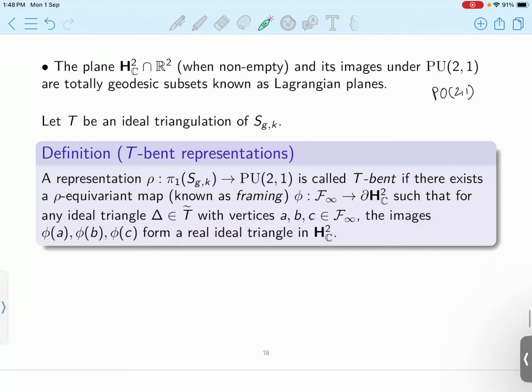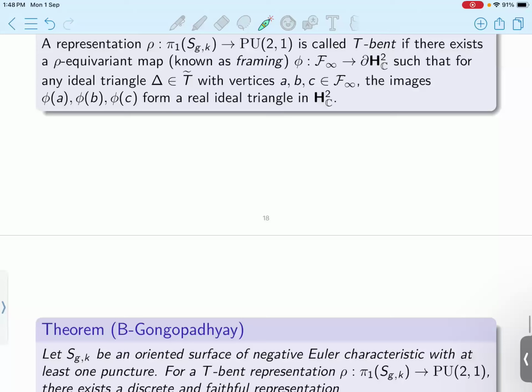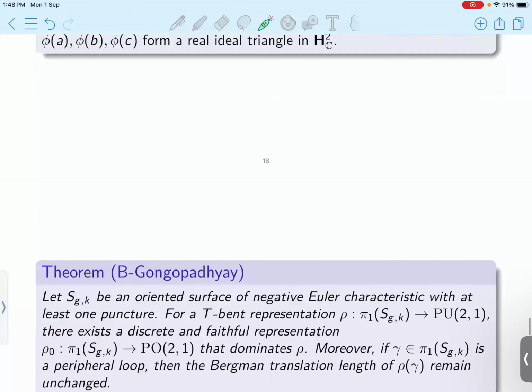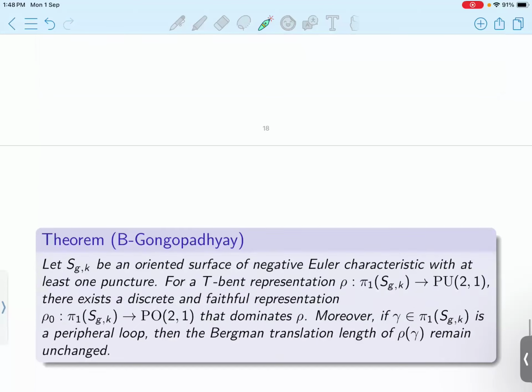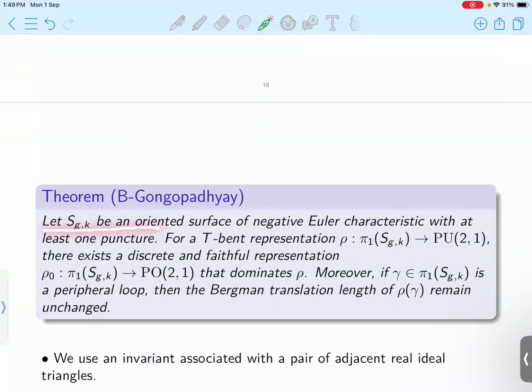Fine. So the next result says: let S_{g,k} be an oriented surface of negative Euler characteristic with at least one puncture. For a T-bent representation rho from pi_1 S_{g,k} to PU(2,1), there exists a discrete and faithful representation rho naught from pi_1 S_{g,k} to PO(2,1) that dominates rho in the Bergman translation length.